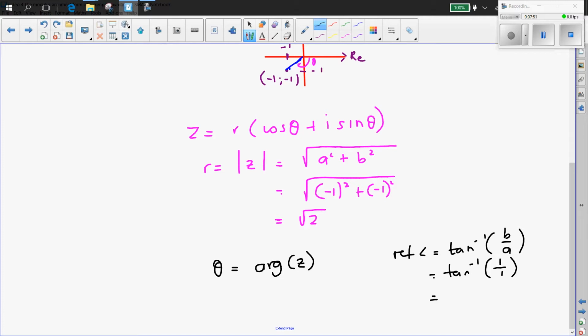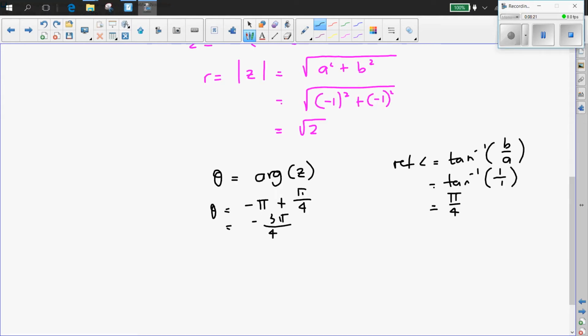You enter this into your calculator, making sure it is in radian mode, and this gives us pi over 4 radians. So therefore, theta is going to be minus pi plus pi over 4 radians, and that gives me minus 3 pi over 4 radians.